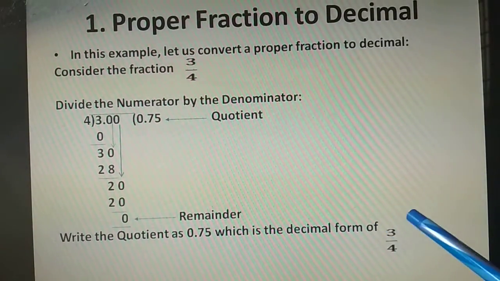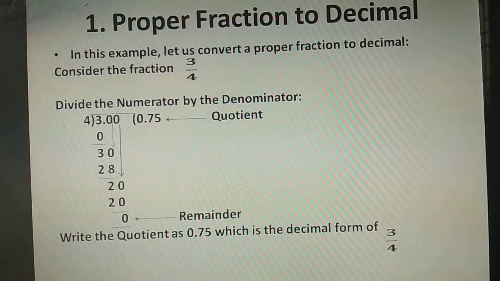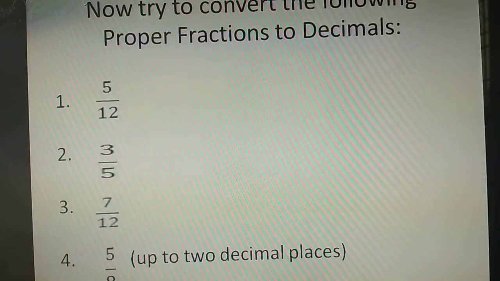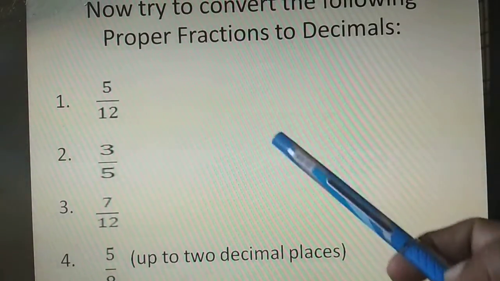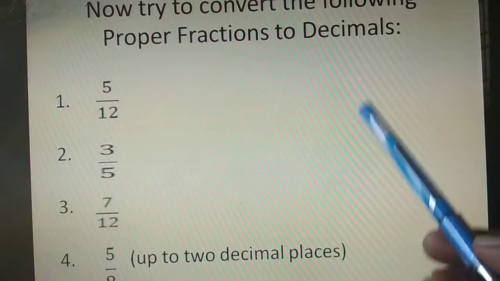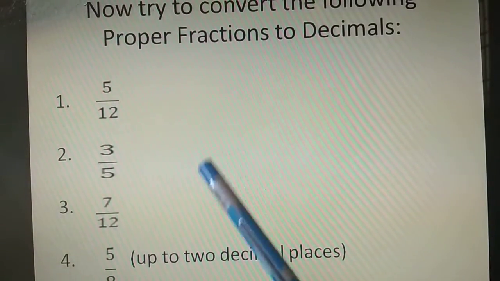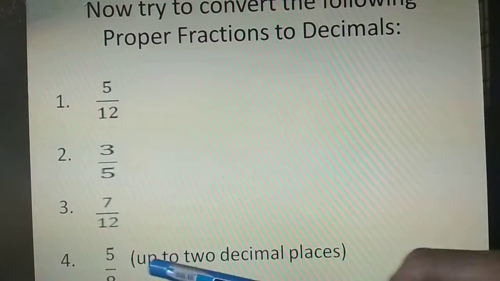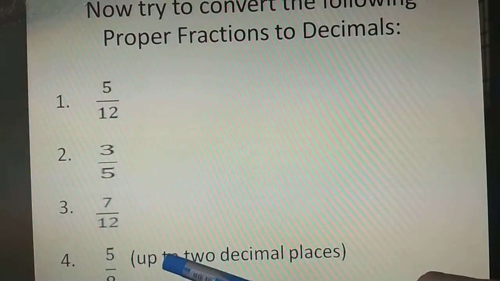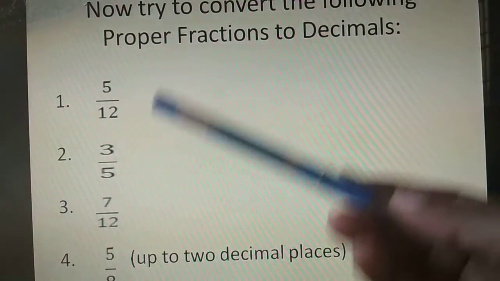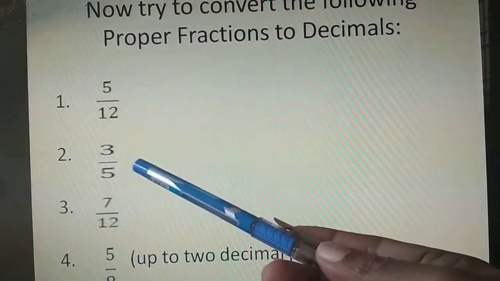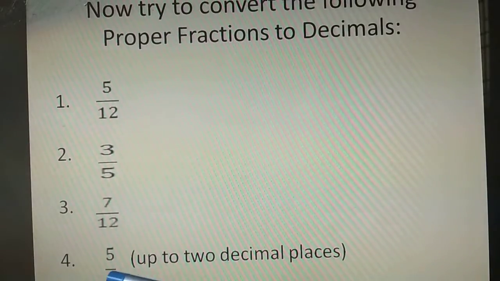0.75 is the decimal form of 3 by 4. Now you can pause the video and note down some of these proper fractions. Try them as homework: 5 by 12, 3 by 5, 7 by 12 and 5 by 8.